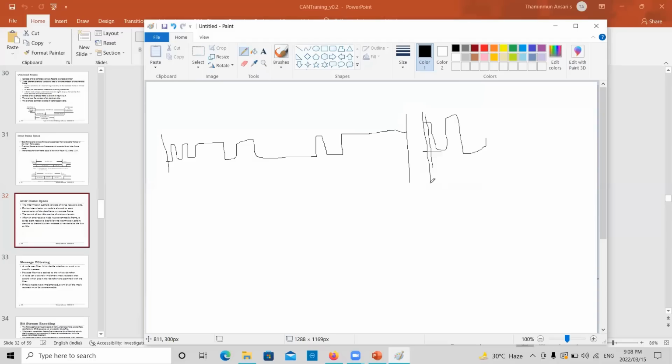This happens for every packet which goes out from the transmitter side. The receiver also takes a packet, waits for 3 recessive bit timing, and then accepts the second packet. It's just like train compartments. They accept one compartment, then wait, then accept the next compartment. Like that it works. So it's not a continuous serial train going from transmitter to receiver. That you have to understand. For that only, the interframe space comes into the picture.